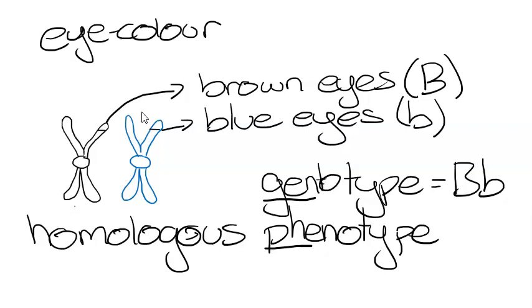So this individual has a brown-eyed allele and a blue-eyed allele, and we'll go into why this happens in subsequent videos, but the phenotype or the physical trait of this individual isn't going to be a combination of brown and blue. Don't ask me what that would be. I guess just a lighter color of brown maybe. It's just going to take one of these alleles as the main color of the eye. So in this case we would get brown eyes, even though there's a blue-eyed allele there, the individual is just going to have brown eyes.